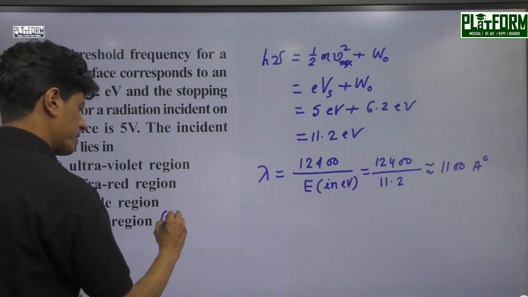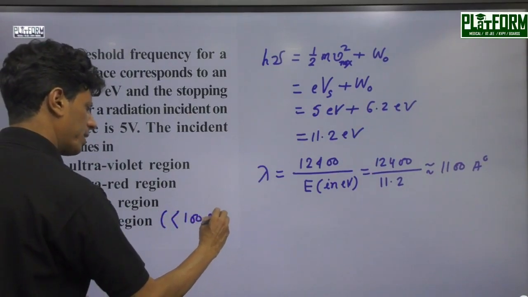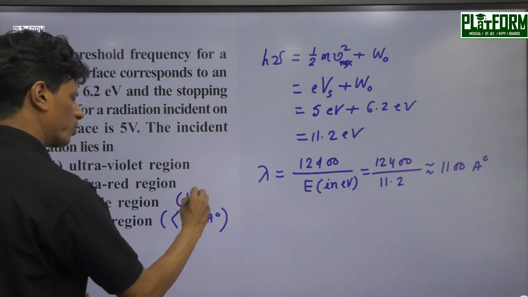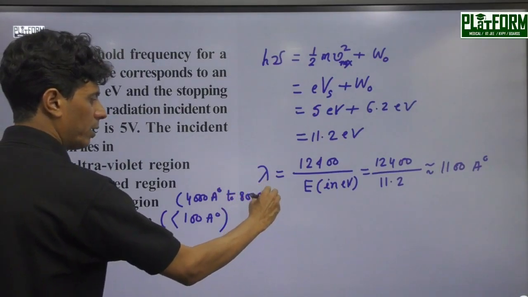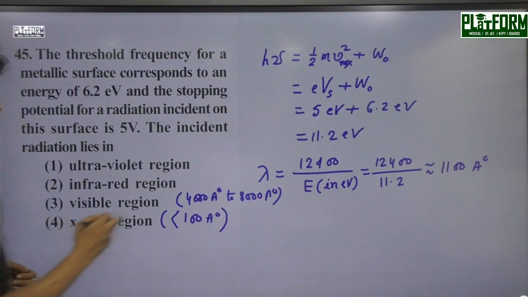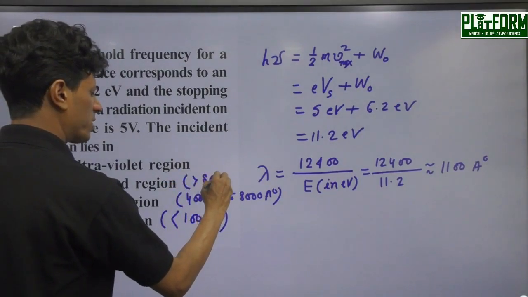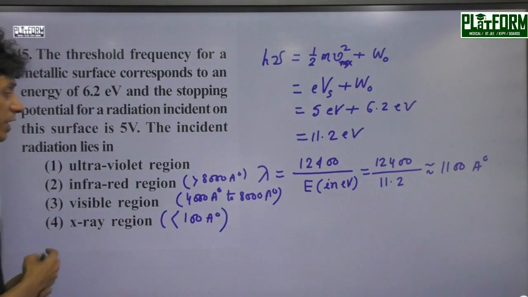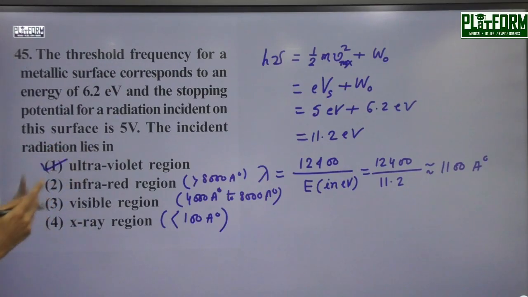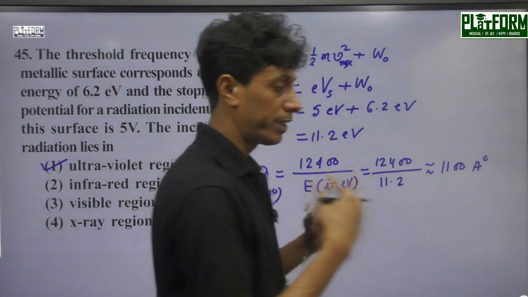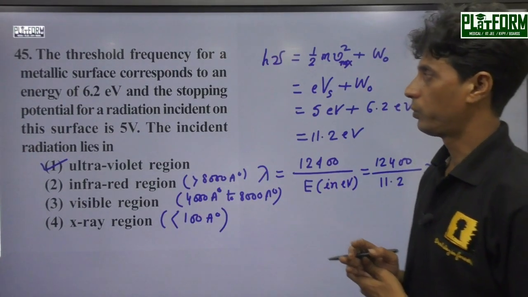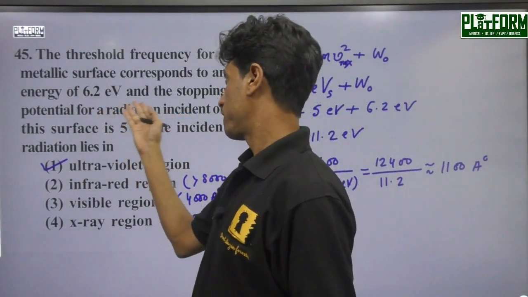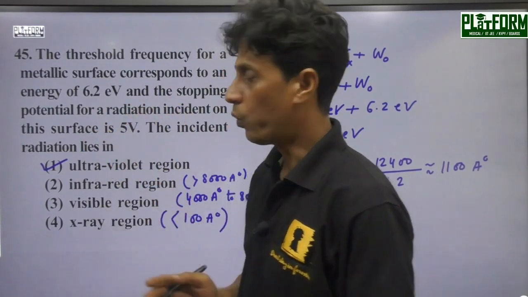X-ray region is less than 100 Angstrom, visible region is 4,000 Angstrom to 8,000 Angstrom, and infrared is greater than 8,000 Angstrom. So I think the correct option is 1. It is the ultraviolet region. So ultraviolet ray is incident on the metallic surface, for which the stopping potential is 5 volt.